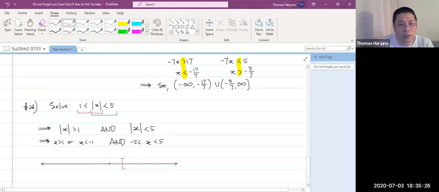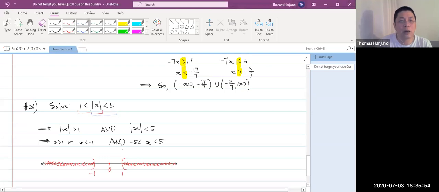Let's say this is 0. To the right of 1, I'm sorry, it should be parentheses. Or to the left of negative 1. That's when we need absolute of x to be greater than 1.